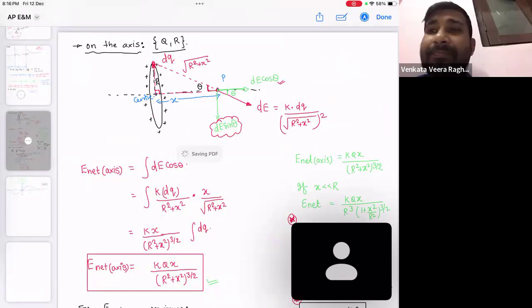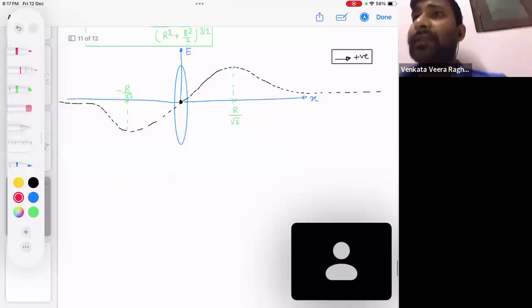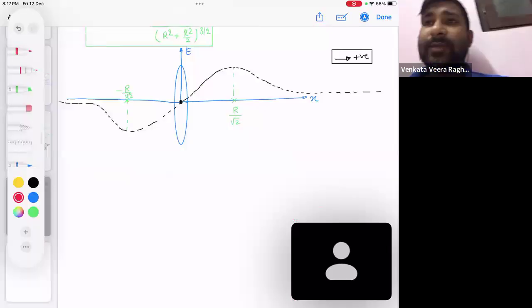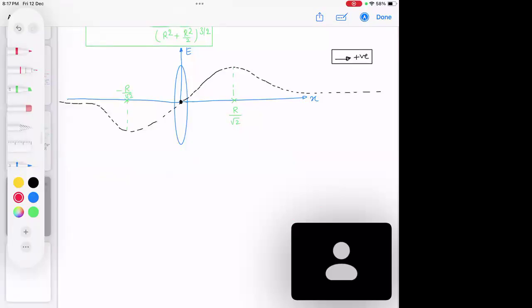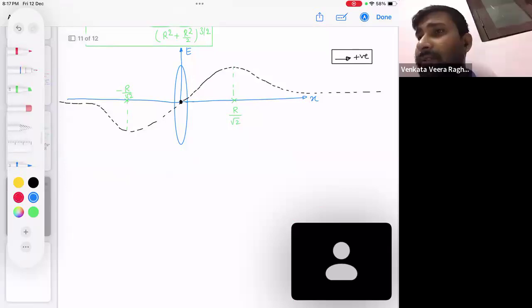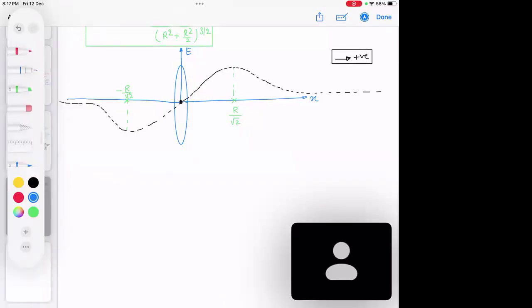The graph is also clear. Please tell me, bacho, is it clear? I'm getting only one response. Are all of you getting it or not? Please tell me.